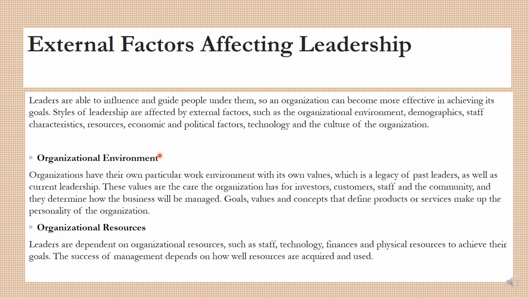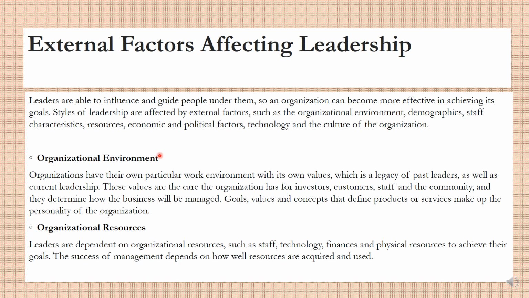So these values are the care the organization has for investors, customers, staff, and community, and they determine how the business will be managed. In the business sense, Dhirubhai Ambani has given his legacy to his two sons. Now it is another thing how they follow that.